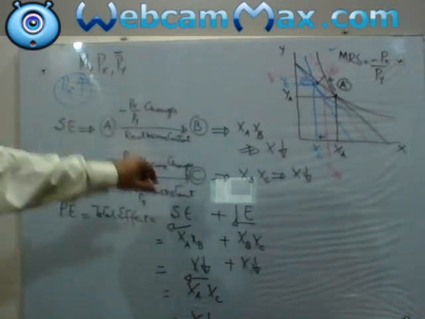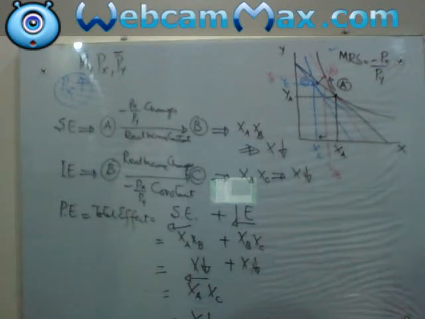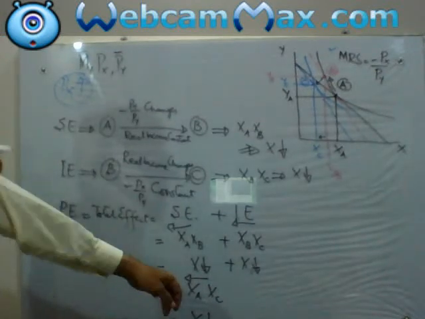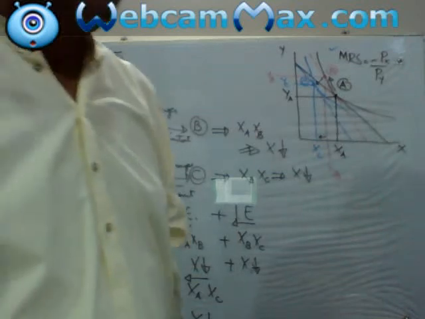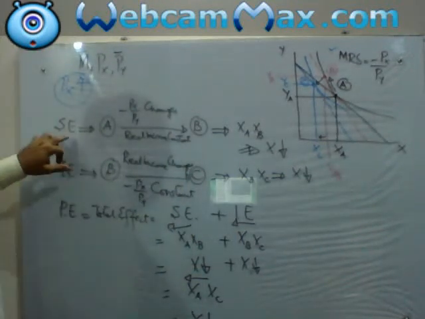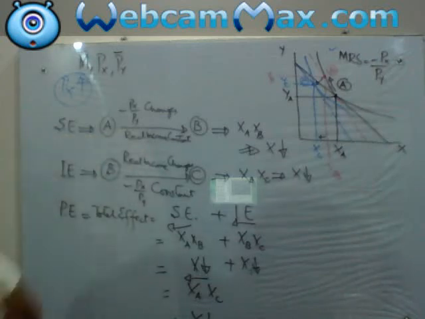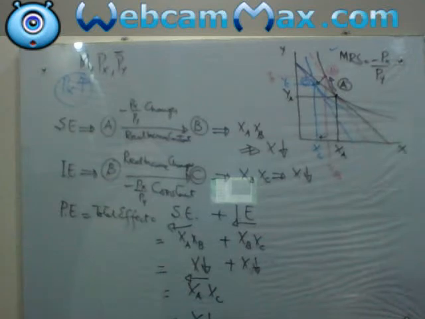Now given this price effect, where we have the substitution effect and the income effect, what type of good is X? The substitution effect tells you that when the price of X rises, and income and the price of Y are constant and the consumer's real income is kept constant, then the rise in the price of X reduces the consumption of X. X becomes expensive, so the consumer is going to reduce consumption of X even though real income is constant.